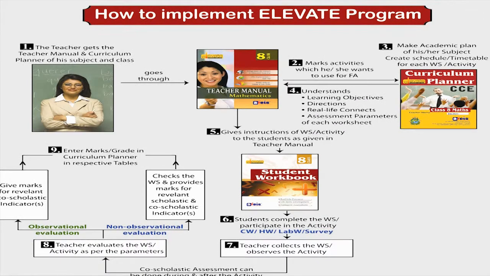With the help of that, teacher will come to the teacher's manual once again about a particular activity, then instruct the students, conduct the activities. Activity would be submitted back to the teacher.